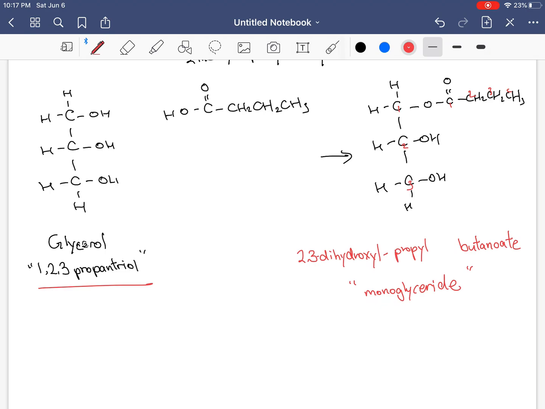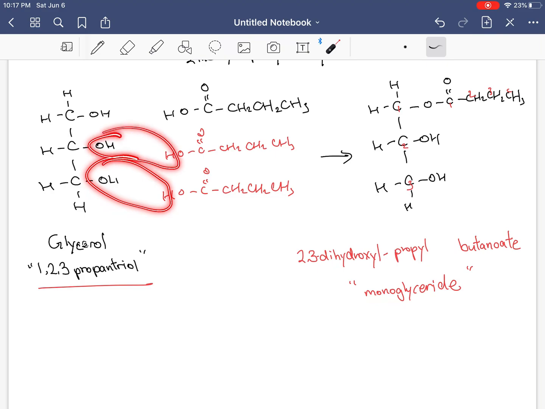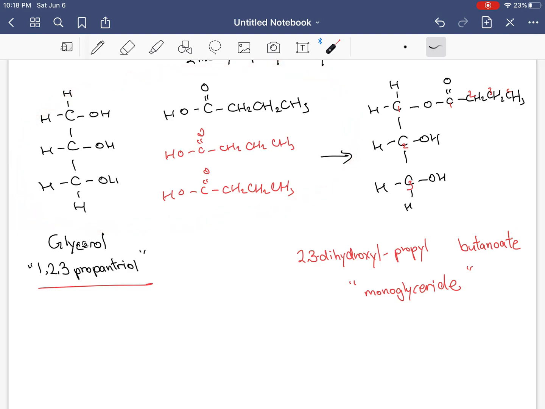All you need is another fatty acid to make diglyceride, maybe 3 fatty acids to make triglyceride. So if you're given this situation, obviously you'll have 3 esterification reactions where you'll form this big molecule, and that will be your triglyceride.